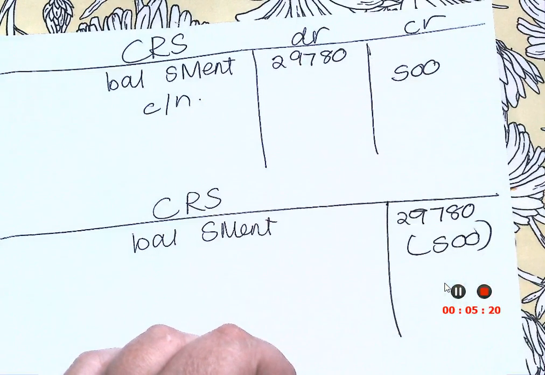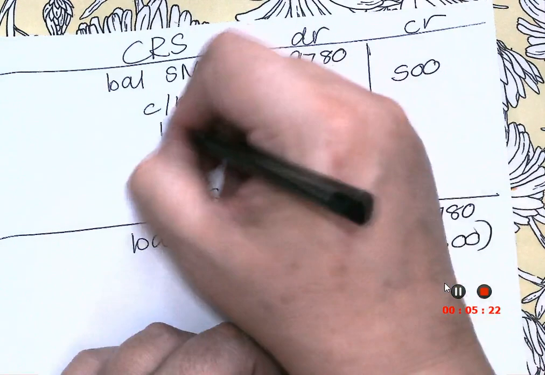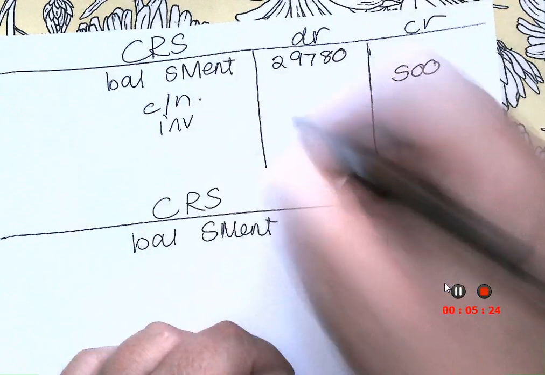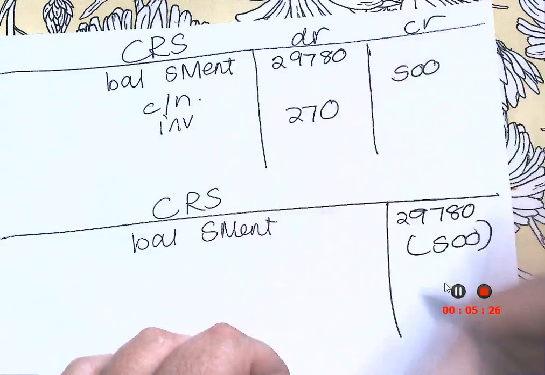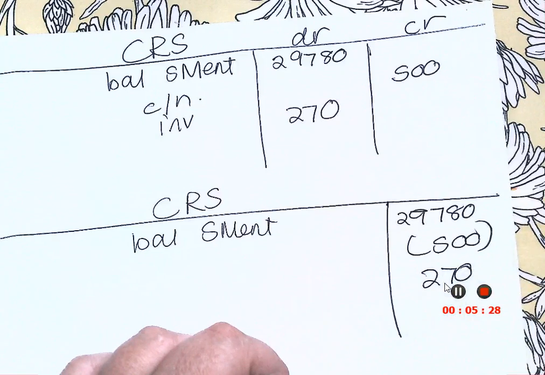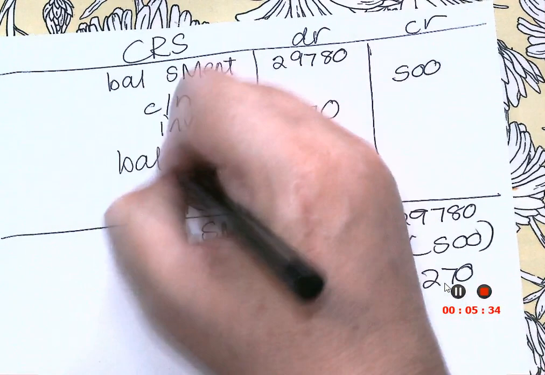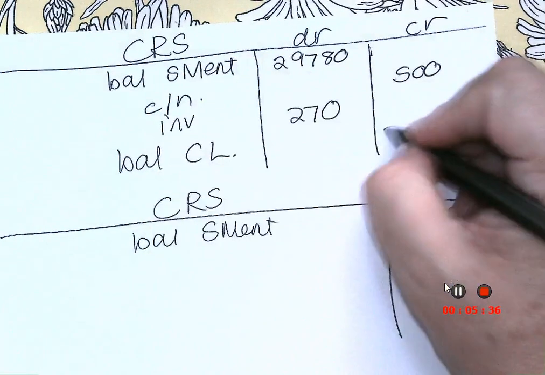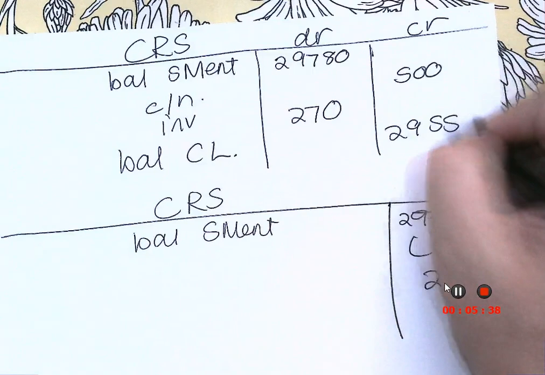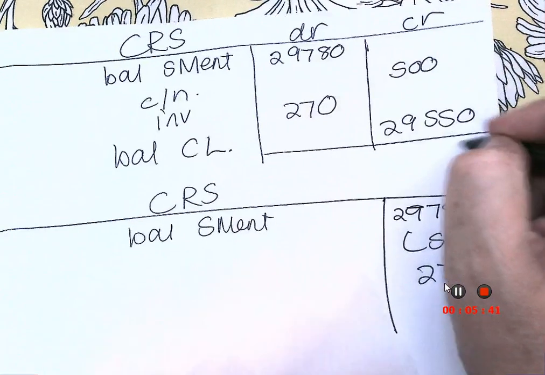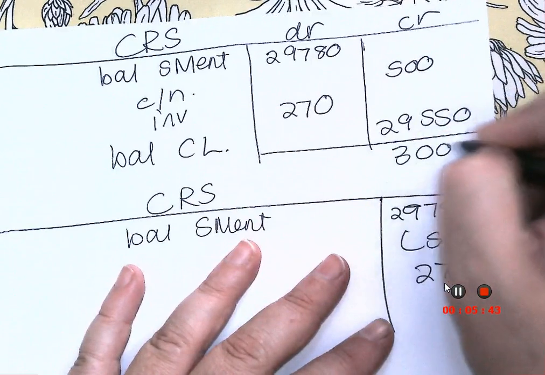Okay? Then I add the invoice that was wrong, that 270, it's on the debit side, meaning here it will plus. Then we add the balance. And the balance, according to the creditor's ledger, 29,550. So that gives me 30,050.